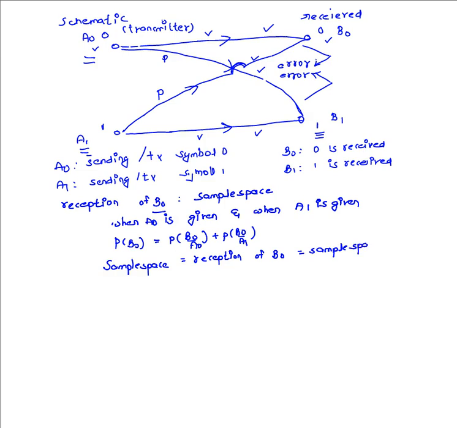then what we can write is P of S is equal to 1, where S is the sample space, that is simply the event B0. Here the event B0 is considered as the sample space. The reason I will say in the following lines. Here we know that P of B0 given A0 is actually the correct event.